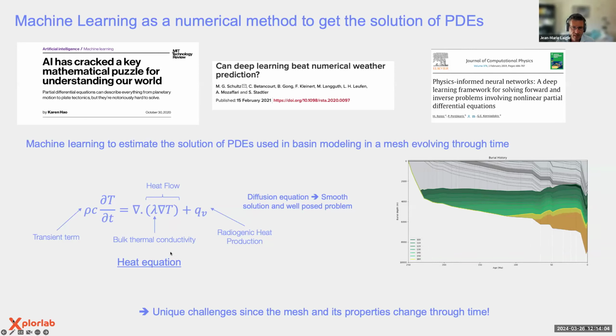It depends on properties which, as I was saying, evolve through time. So, for instance, the bulk thermal conductivity of the rocks is something which changes with the porosity, which changes with the burial. And so there is a whole interplay of parameters that needs to be accounted for when we try to solve it with machine learning techniques.